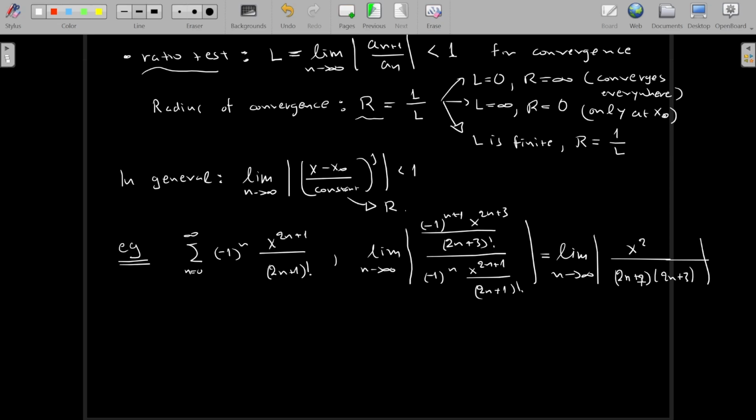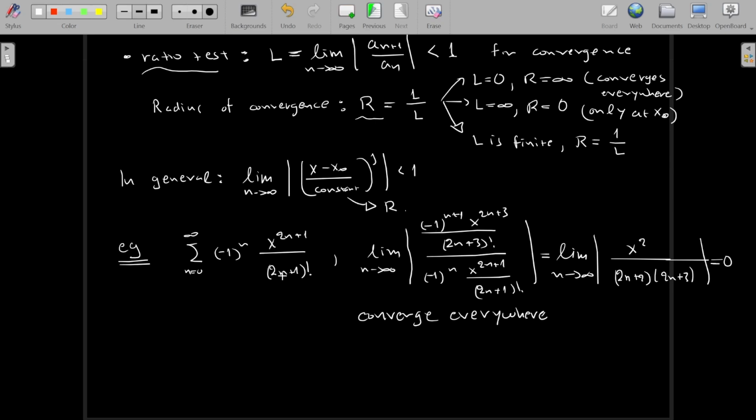Now, as n goes to infinity, this goes to 0, right? What does it mean? It means that this power series is going to converge everywhere. So we do not expect this power series to have any singularities or anything. It's going to run perfectly at its points, right?